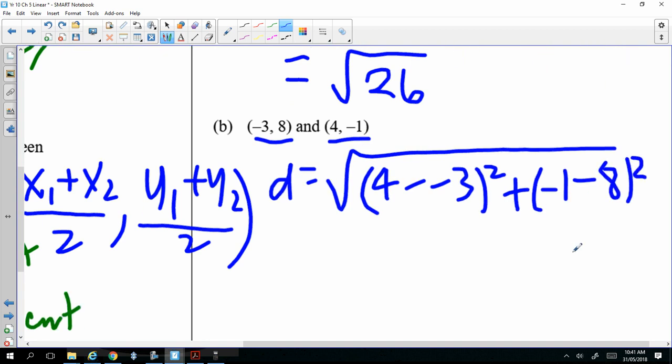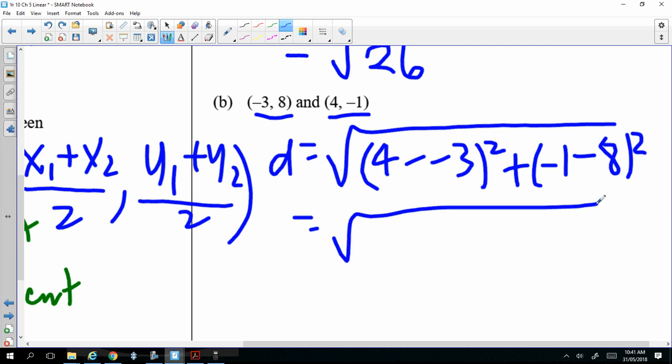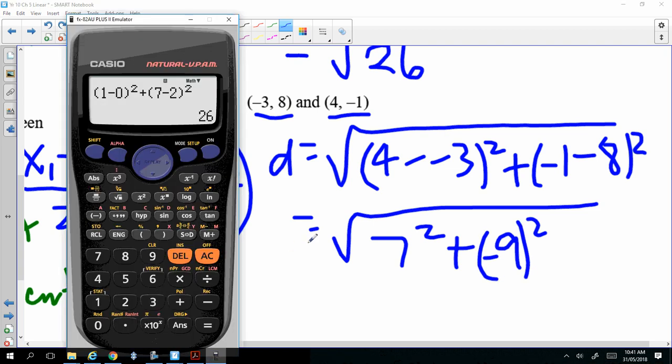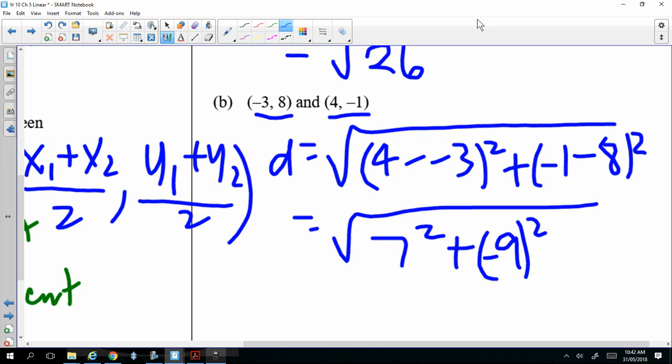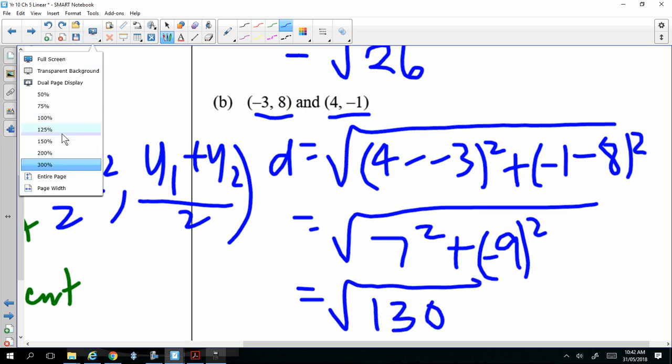And then you just use your calculator. That's 7 squared plus 9 squared, right? Negative 9, but if you square it, it becomes positive. Let's put negative 9 there so you can see where I got it from. So you just go 49 plus 81 equals, but it's not a perfect square, so you write square root of 130. Done. Alright, so we know how to use the distance formula.